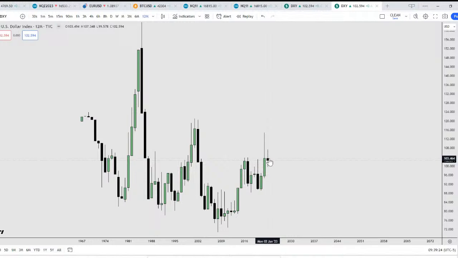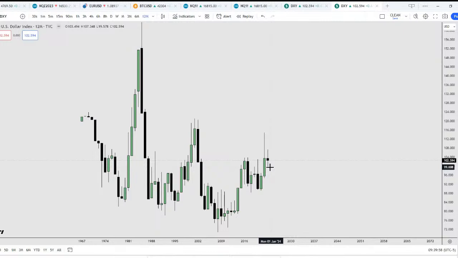So if you study ICT, inside candles are usually created before a huge move takes place. So moving on into 2024, I'm expecting a huge move for the DXY.